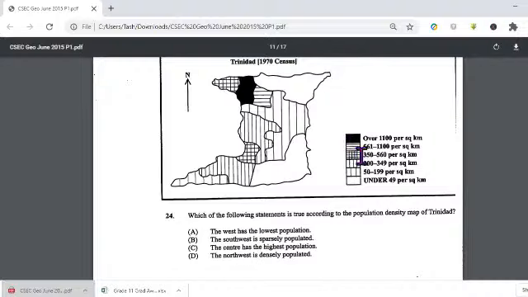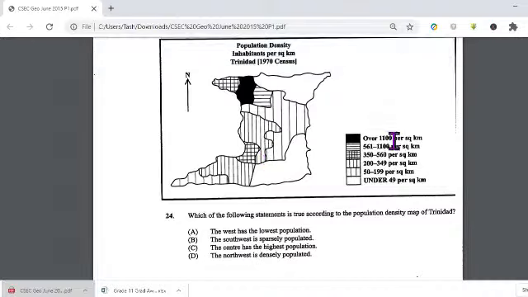And the lines going across 561 to 1100, and the squares like these 350 to 560, etc. So you would just need to look at the key in order to figure out what is going on. All right. So, which of the following statements is true?